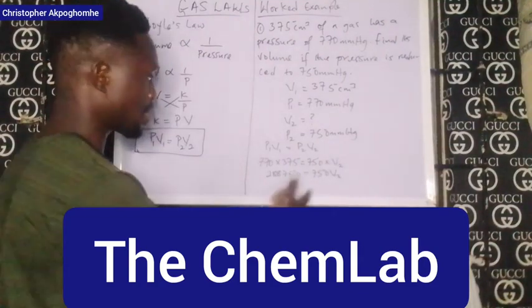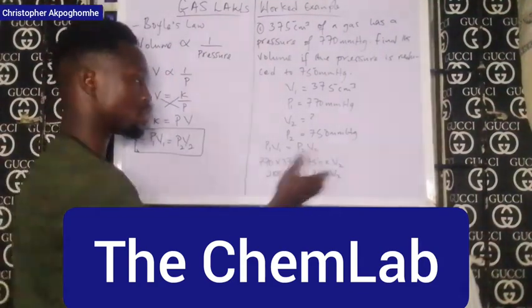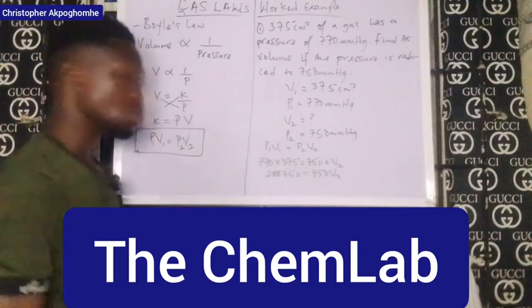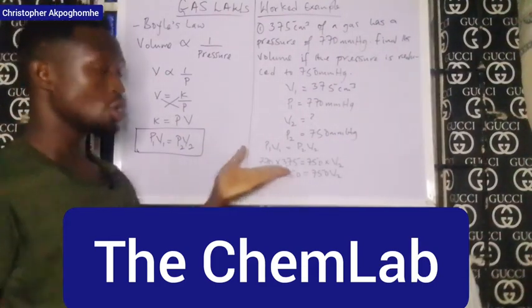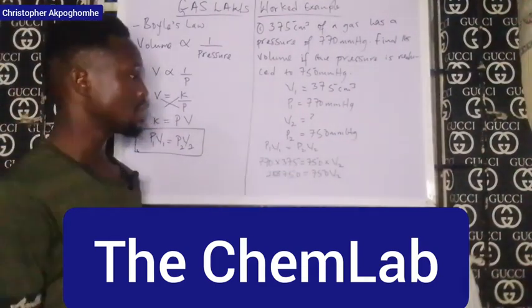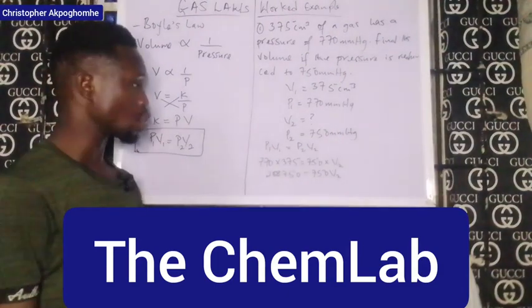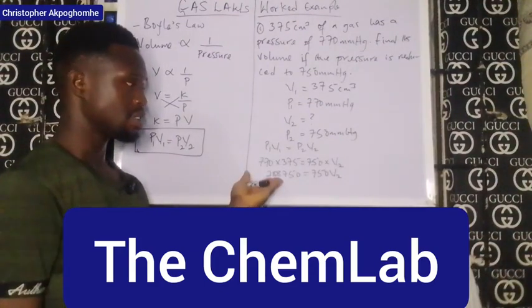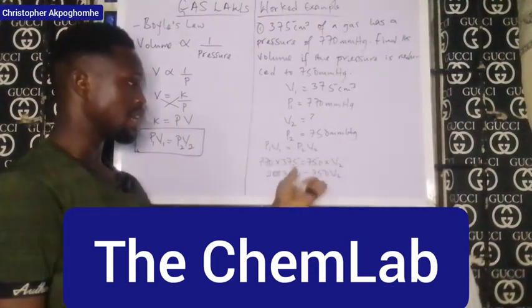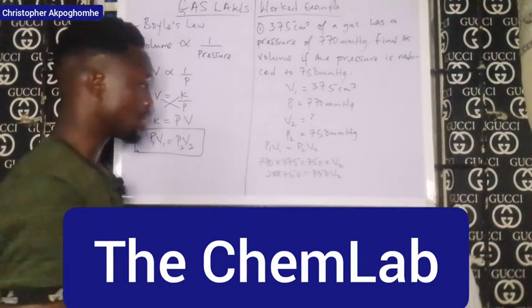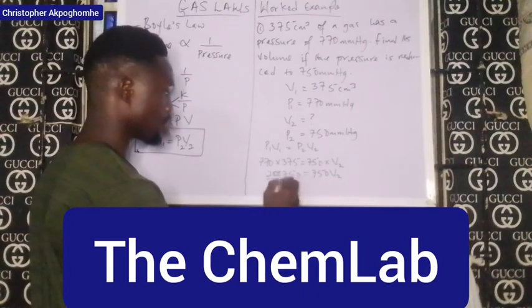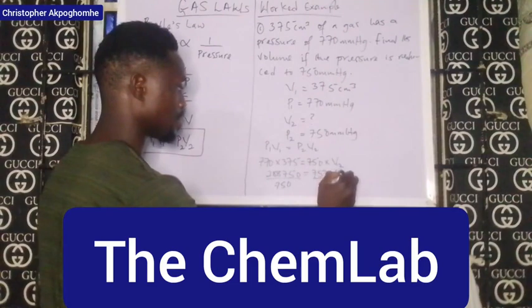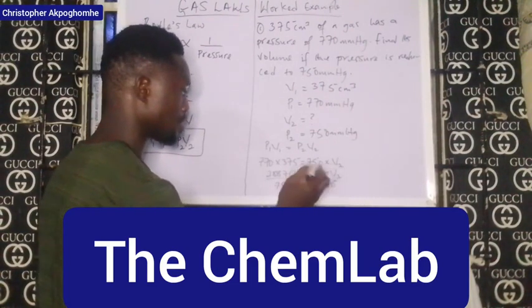At this point, we apply change of subject formula, or we make V2 the subject of the formula because it is V2 that we are actually looking for. Now, to do that, we divide both sides by the coefficient of V2. And the coefficient of V2 in this case is 750. So it means that we'll divide the left-hand side by 750, we'll divide the right-hand side by 750. So 750 divided by 750, that one is out.